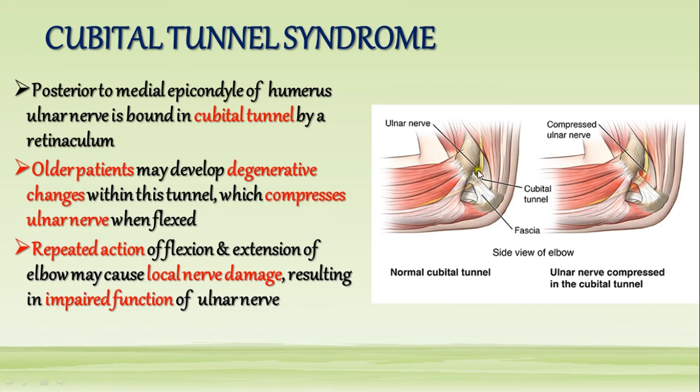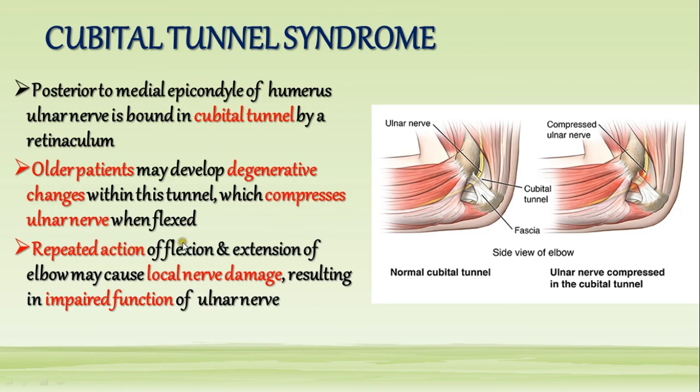The ulnar nerve is protected by a thickening of the deep fascia. Now in older patients, they may develop degenerative changes within this tunnel which compress the ulnar nerve when the elbow is flexed.